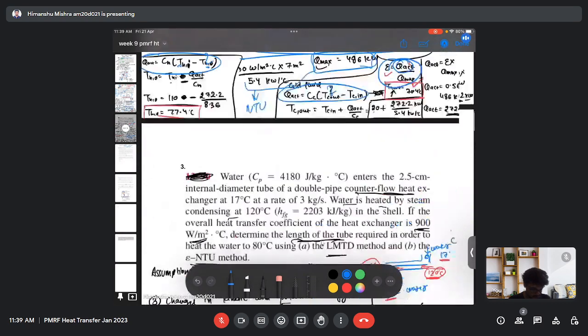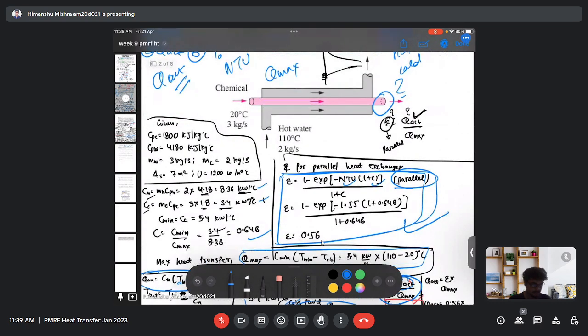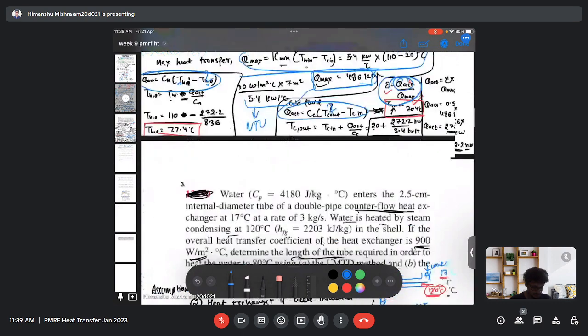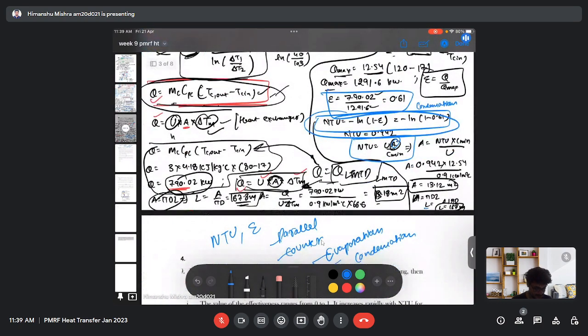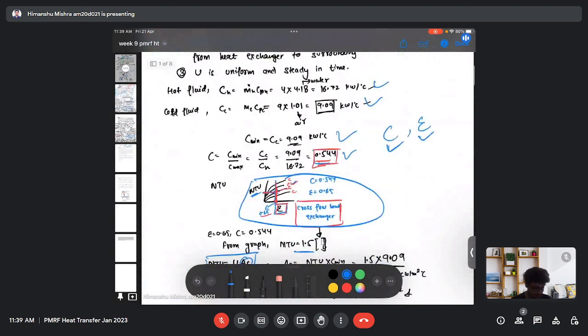And in the previous question, we also use this formula to calculate effectiveness. Otherwise, you need to use a graph. So in the first question, we use a graph to calculate NTU or effectiveness.